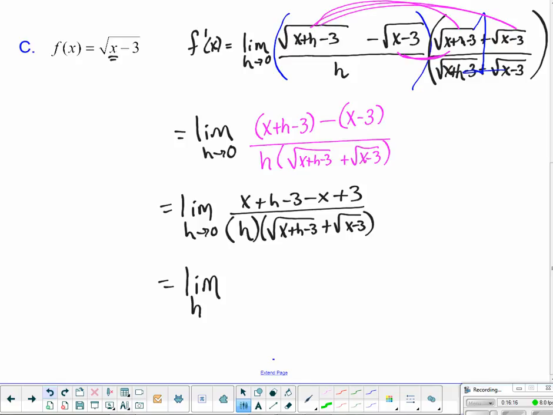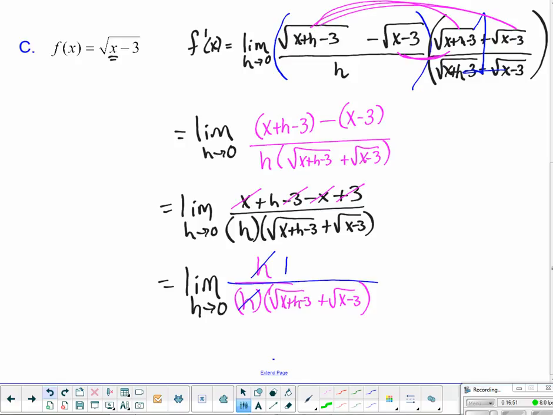So we get the limit as h goes to 0. Negative 3 with positive 3 makes 0. Positive x with negative x makes 0. I get h over h times the square root of x plus h minus 3 plus the square root of x minus 3. This is great. The h's cancel, making 1. h divided by h is 1.